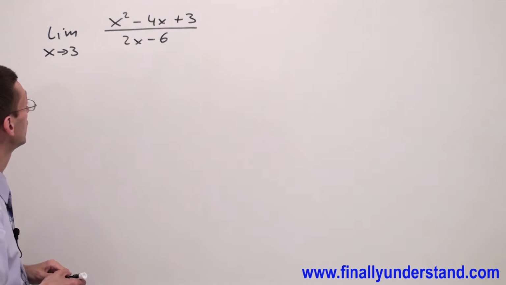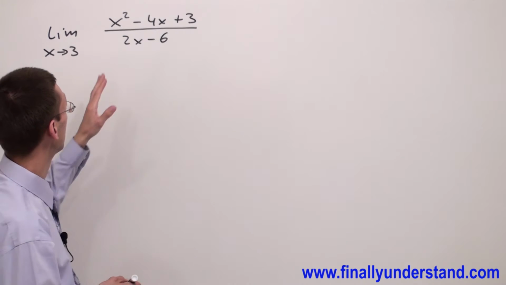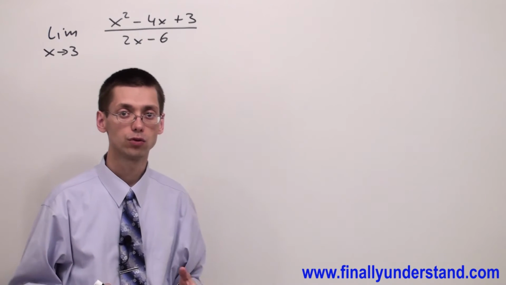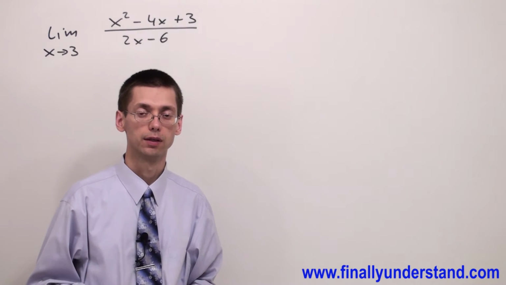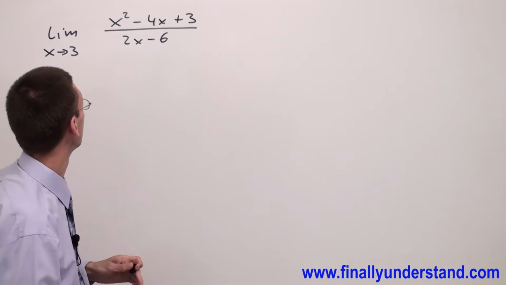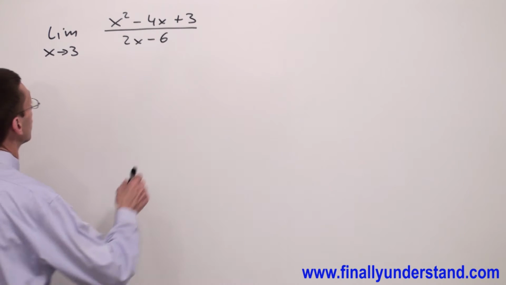So what am I supposed to do next? I'm supposed to look at the numerator and try to factorize the polynomial which I have in the numerator. So let's take a look at what we have.